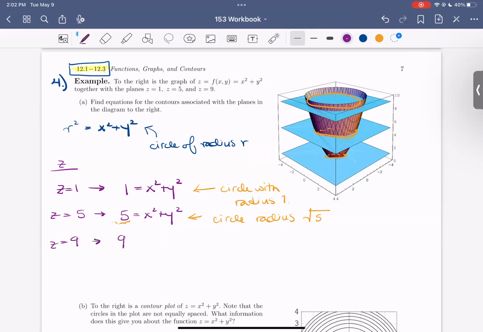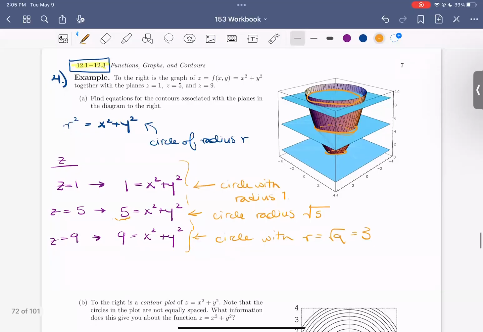We have that 9 equals x squared plus y squared, and this curve is a circle with radius equal to the square root of 9, which is 3. Awesome. So those are the three equations for our level curves associated with the three planes given.